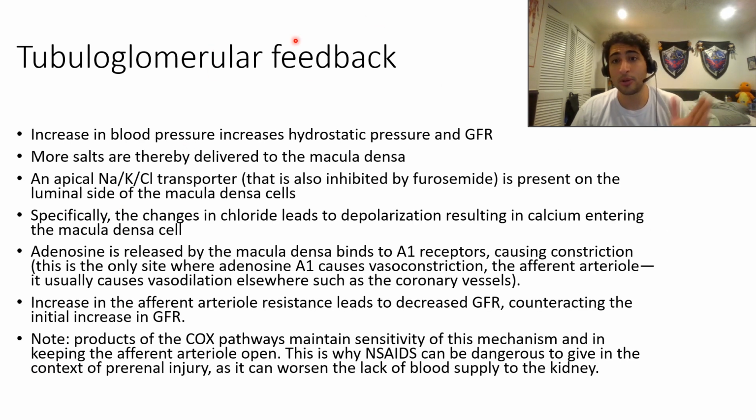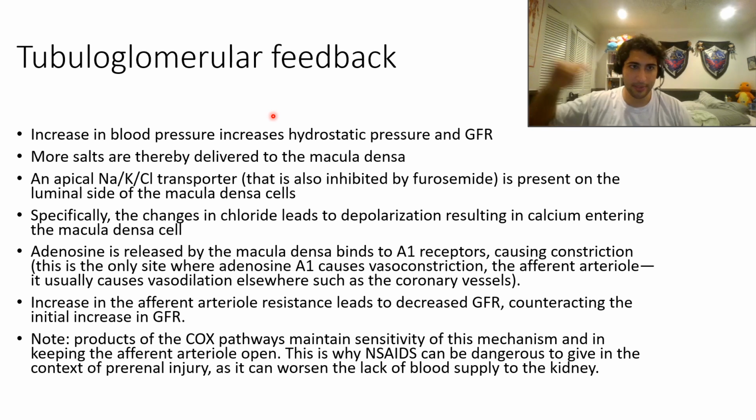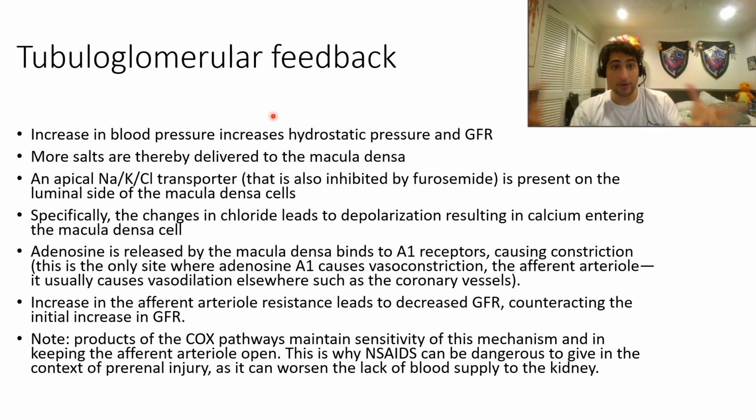And then you have tubuloglomerular feedback. So the increase in blood pressure will increase the hydrostatic pressure and GFR. Let's say we gave someone normal saline. We talked about the autoregulation, but let's think about something else now. You have an increase in blood pressure, an increase in hydrostatic pressure and GFR, and that leads to more salt delivered to the macula densa.